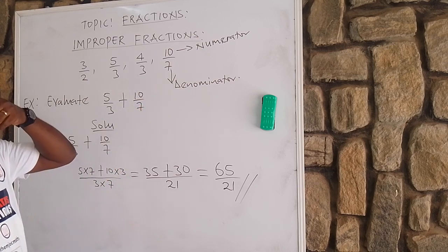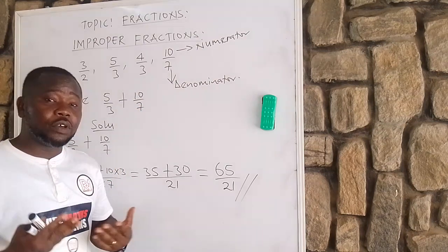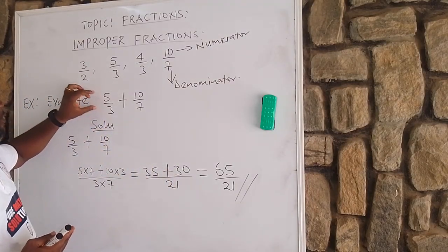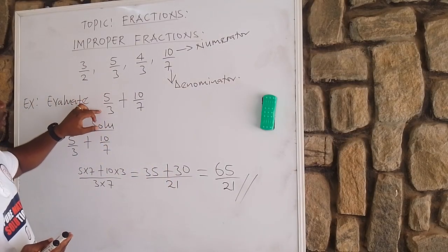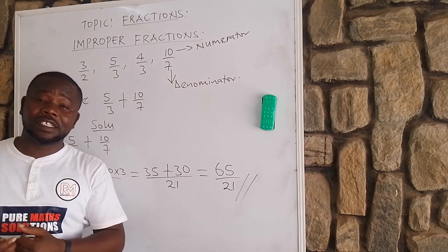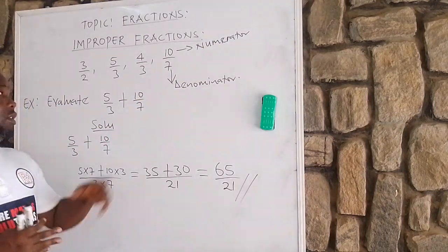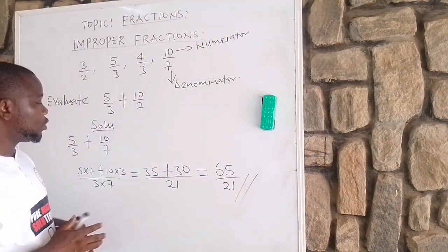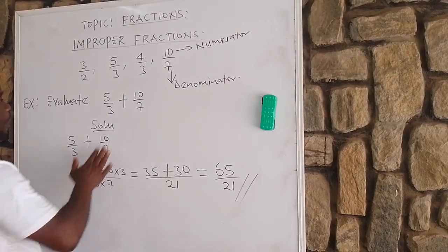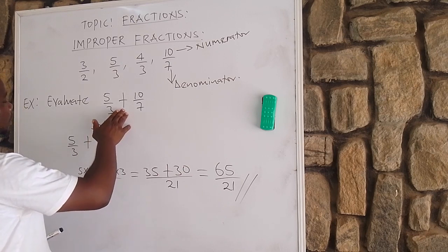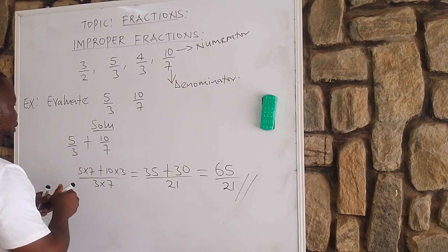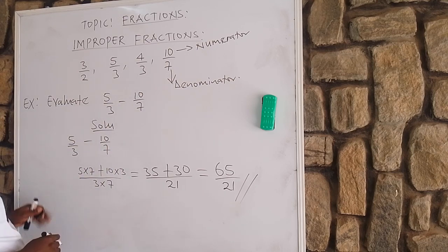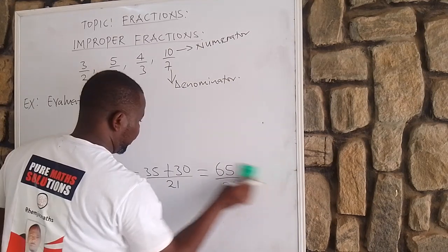But there are some where you will see this one as proper fraction, then the other side as improper fraction. It's the same approach you will use to solve this. So even if it is minus, it's the same way.